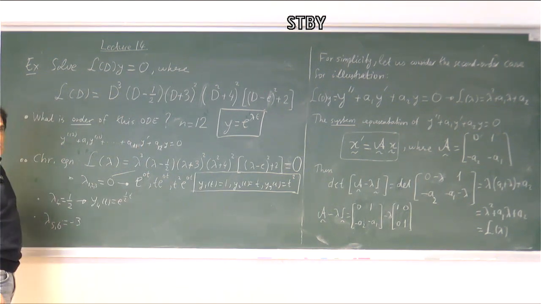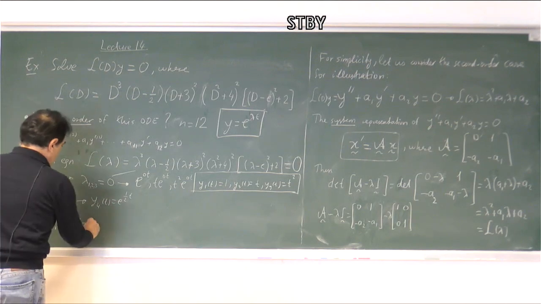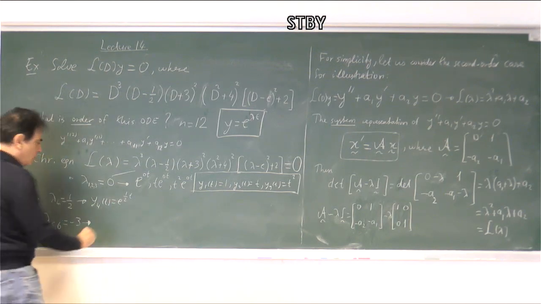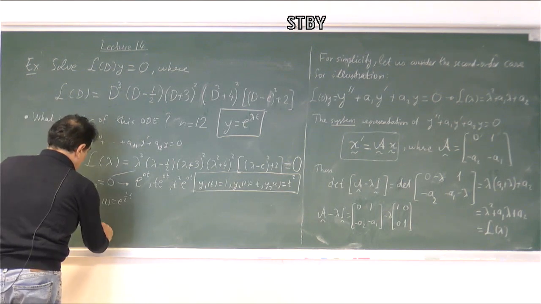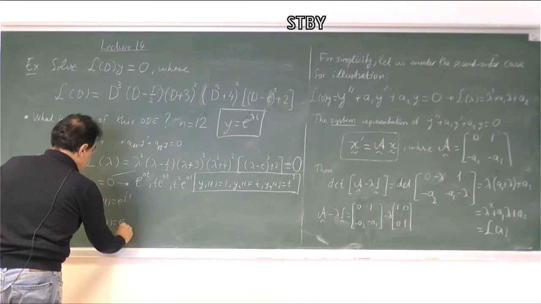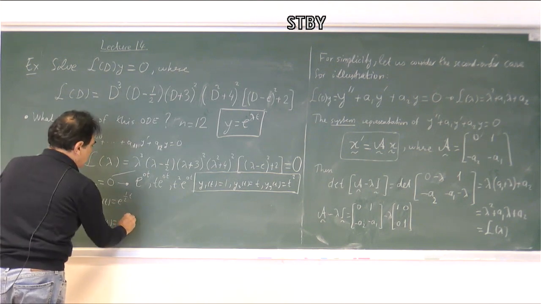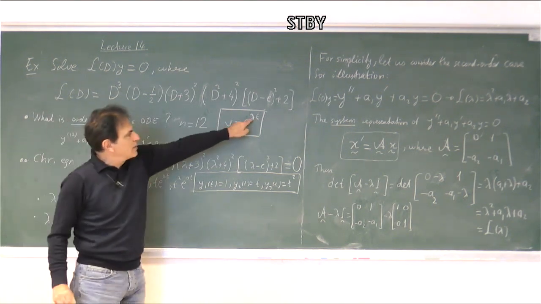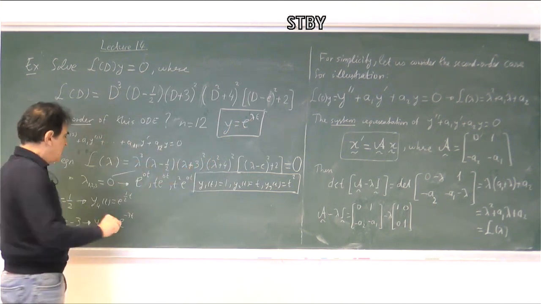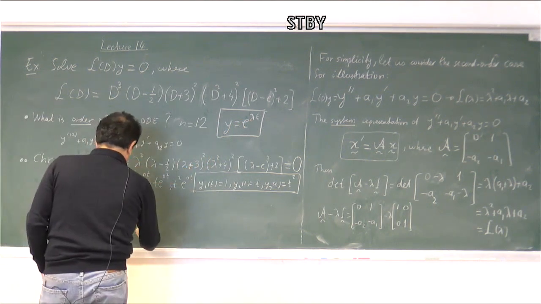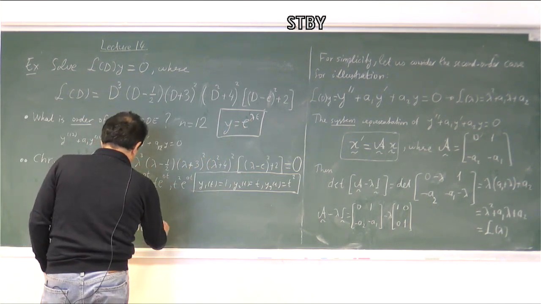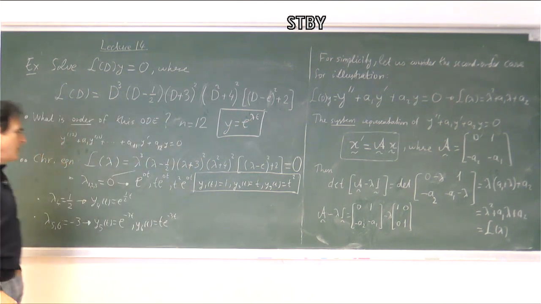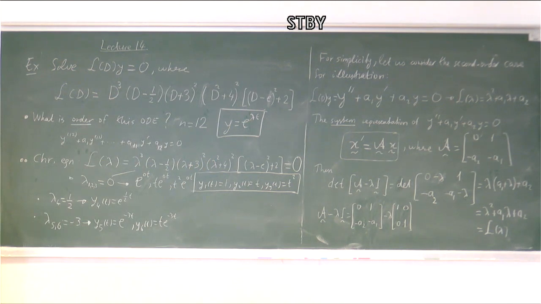Minus 3 is a double root, which is the case 3. So the corresponding 2 solutions are e to power minus 3t, when lambda is minus 3, but also t times e to power minus 3t is the solution.